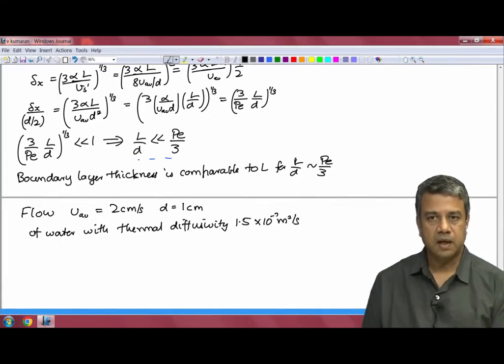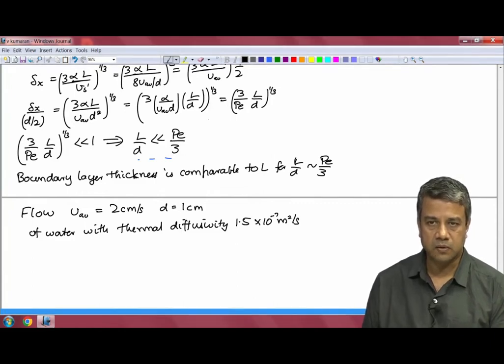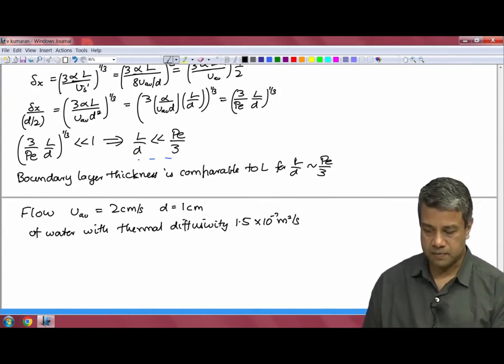At what length of pipe does the boundary layer thickness, calculated in this way, become comparable to the radius of the pipe?